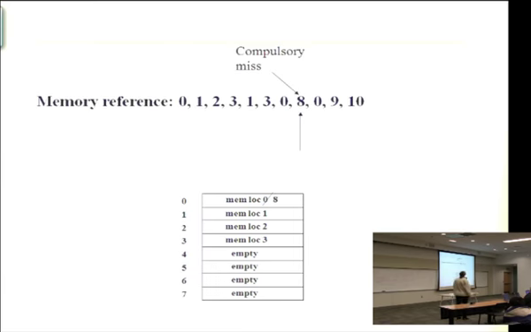Now there is a reference to address 8, so now you will basically replace address 0 with address 8. That's how the mapping works. In a cache, address 0 is shared with addresses 0, 8, 16, and so on from the memory. And that's also called a compulsory miss because it wasn't there before.